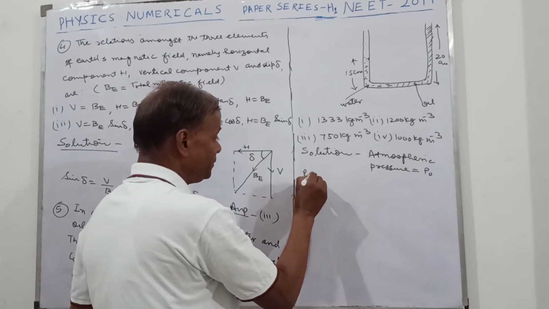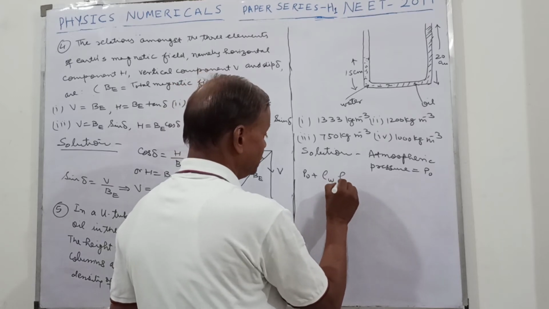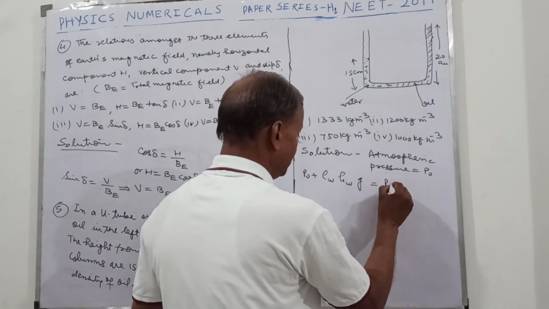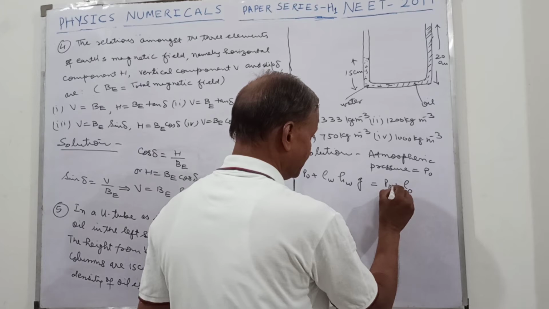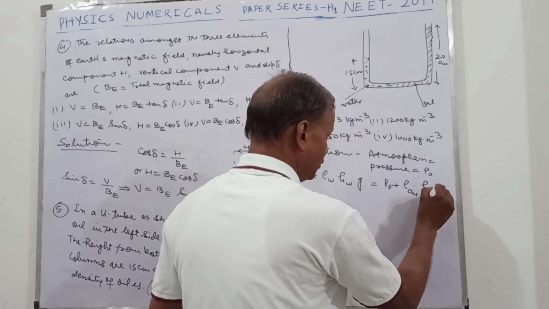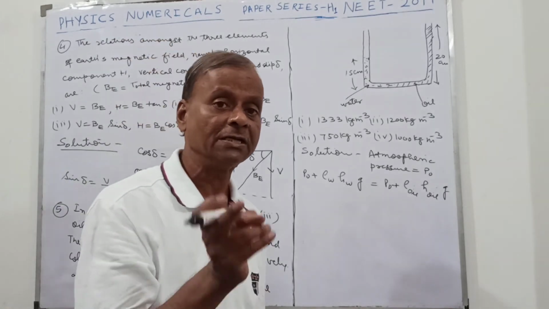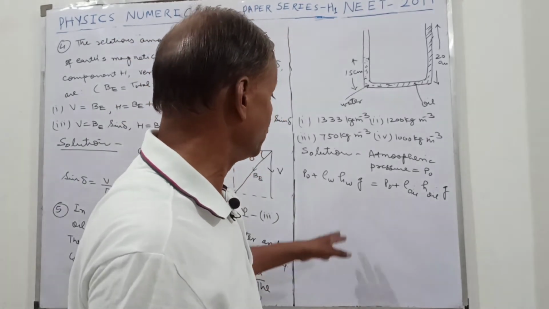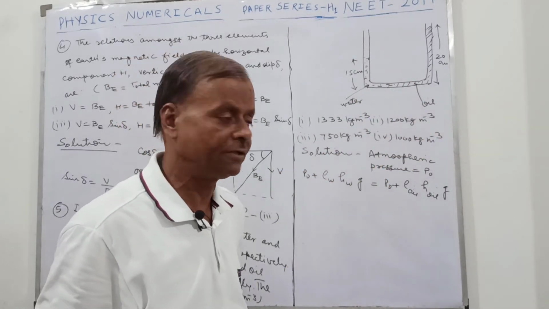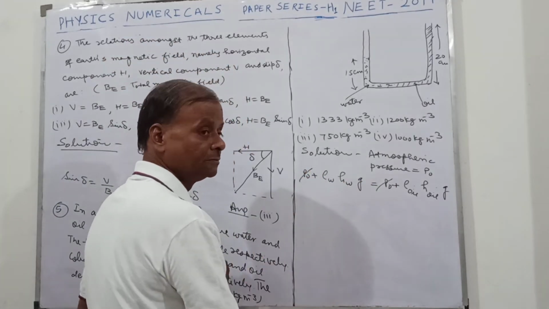So we have P naught plus rho W into H W into G equal to P naught plus rho oil into H oil into G. The direct formula is h rho g, the pressure because of the liquid. Heights are different and densities are different. G is the same for both sides. So P naught and P naught will cancel.